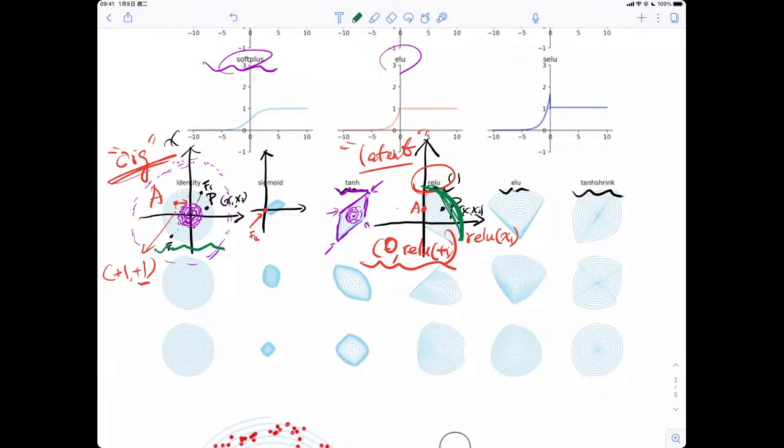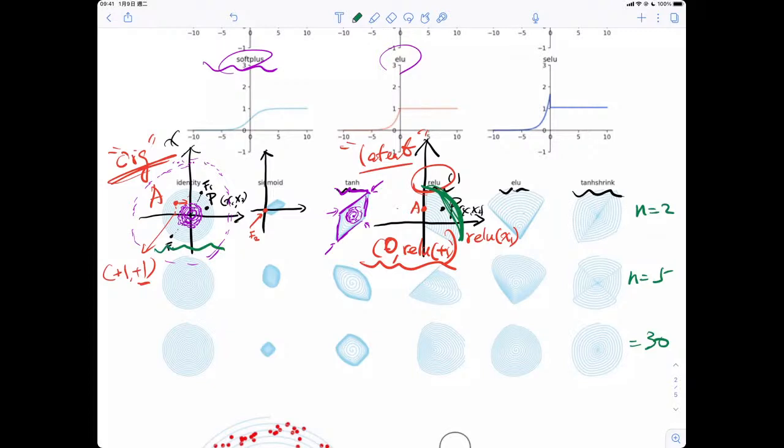For the first row, N equals 2. That means we apply the activation function 2 times. The original input is x, and we pass the original x through an activation function, for example sigmoid, twice.